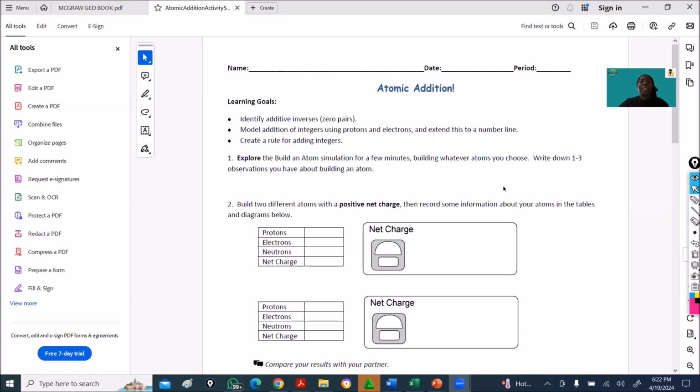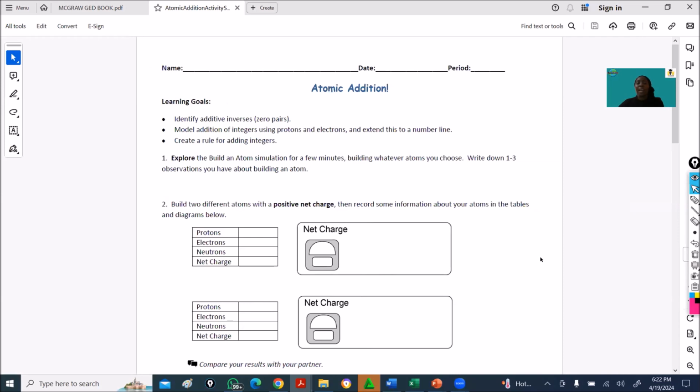Okay, so this is an example of you going through an activity sheet. So you have gone through it now like a student.